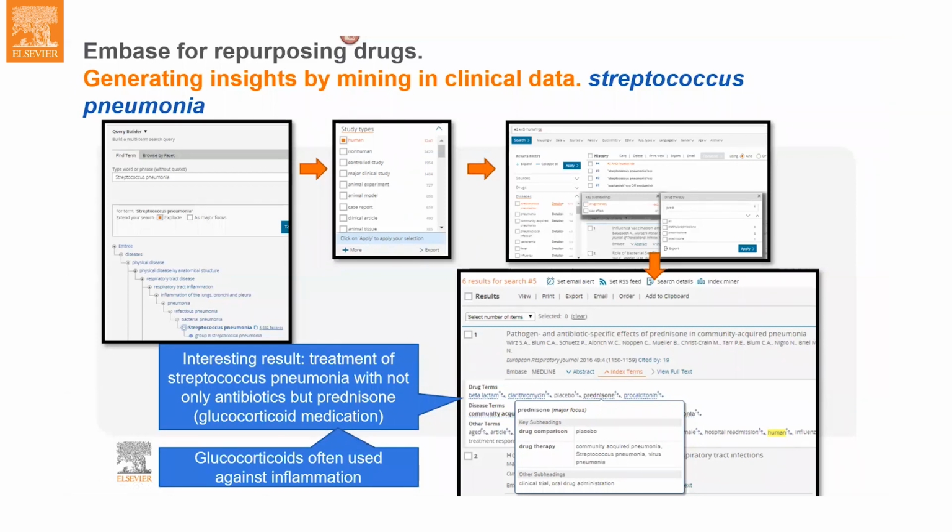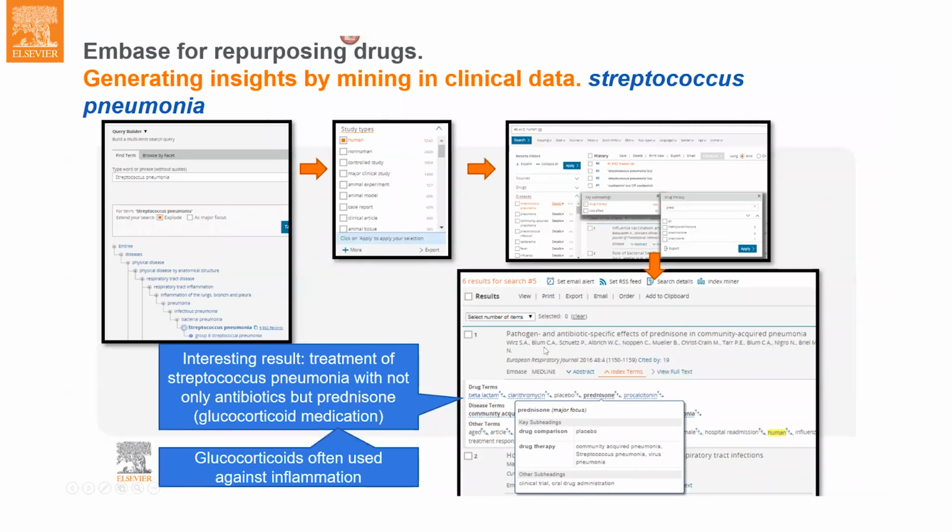Most of them are antibiotic drugs, but some of them are methylprednisolone, prednisolone, and prednisone. It's a little bit strange to see that they were used against pneumonia, because glucocorticoids are often used more against inflammation. But here you see they were used, at least, together with other drugs.